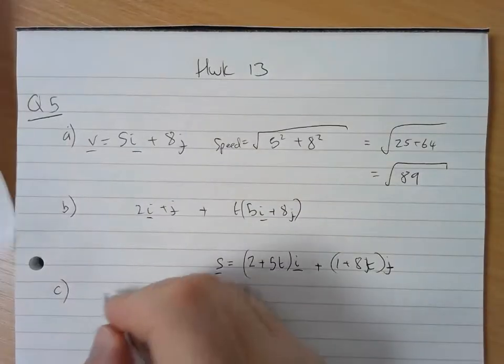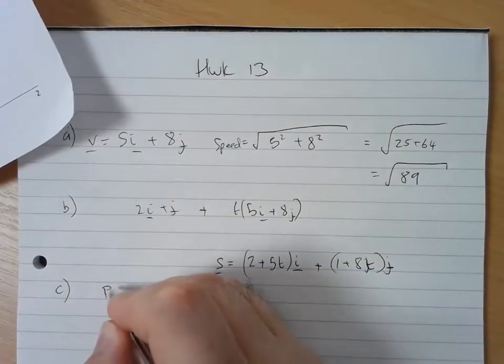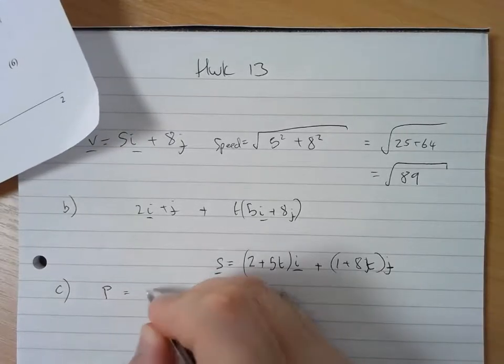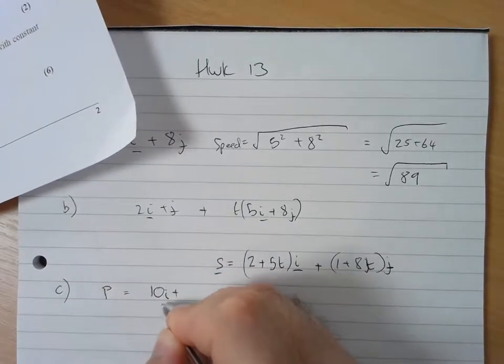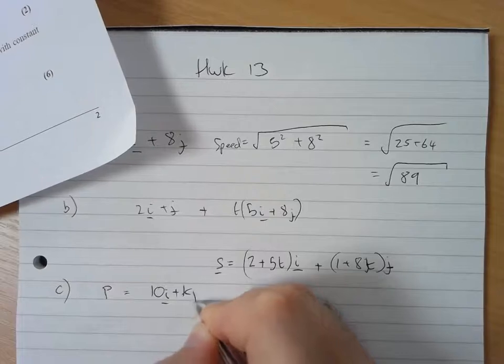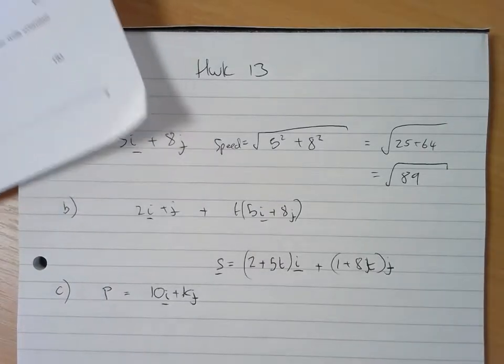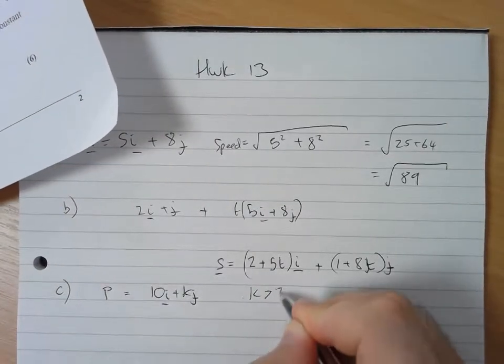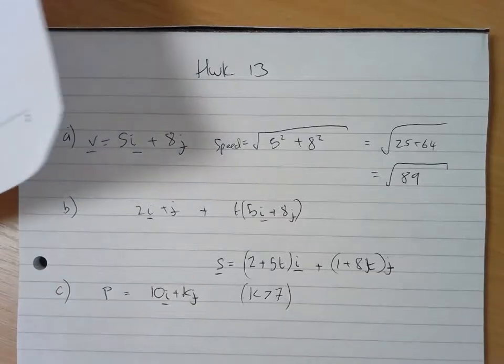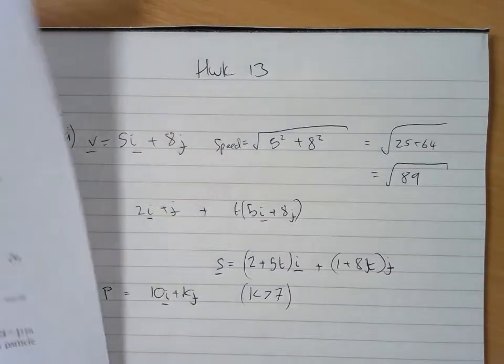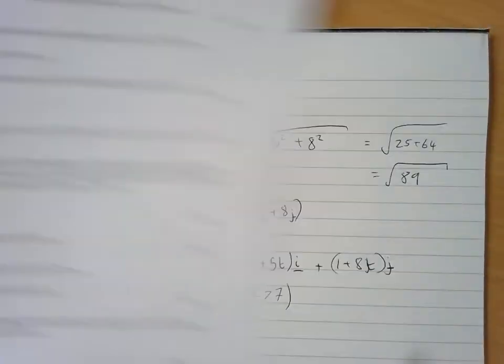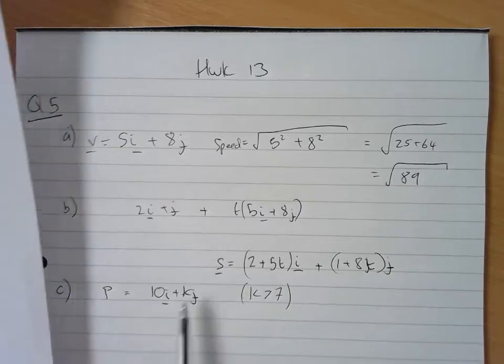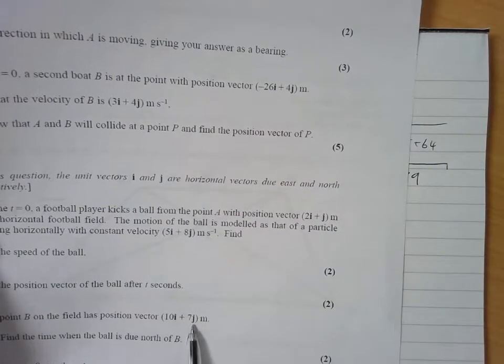So we know that P, we'll call it P, has to be 10i plus kj, where k is greater than 7. Just put that there as a reminder. So we've got this one here and this one here. They share the same east-west component. We don't know what this component is, but we know it's due north because it's bigger than this.